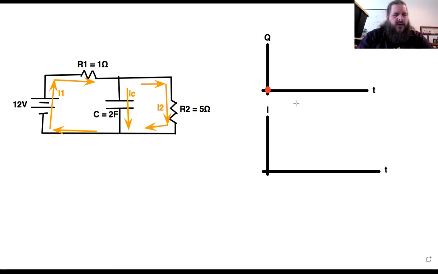Is that right? Possibly. The thing is that really only applies if you have just a single loop. In this case, we can't necessarily assume that the capacitor is going to get all the voltage of the battery because there's multiple paths that current could take. But this is presumably going to approach an asymptote. Presumably we are going to get an exponential change model here, because the capacitor starts off empty.